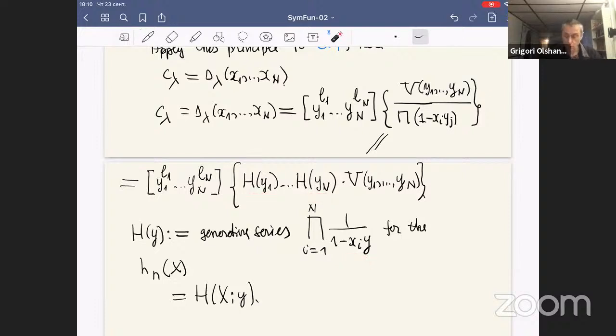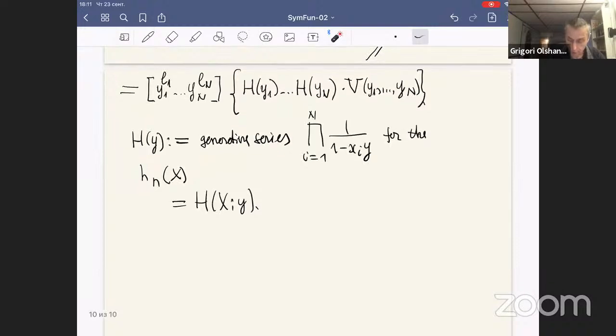Okay. So we regard this double product. When one y is fixed, we get from this the product of such a type. So it is a generating series for the x variables. Okay.